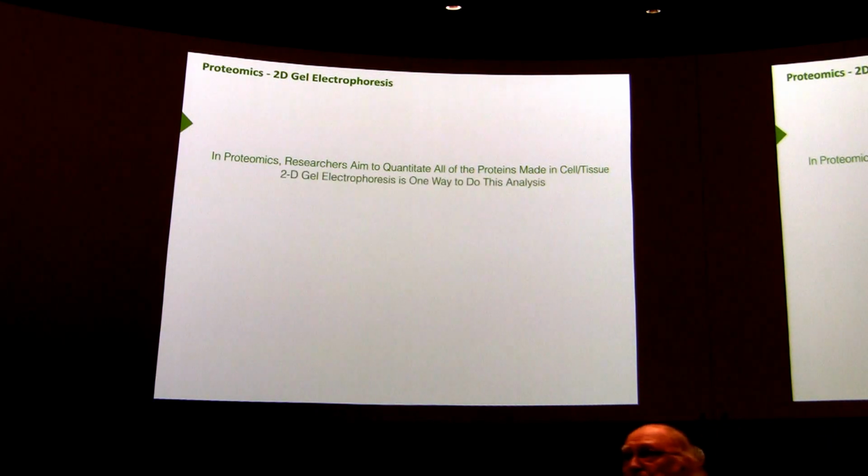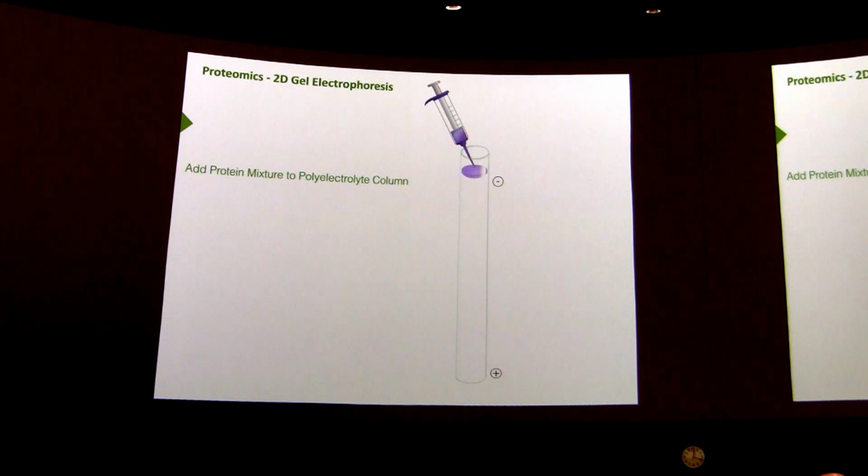Okay, so how does it work? We use a technique called 2D gel electrophoresis. Now, 2D suggests 2 dimensions, and in fact, that's correct. One dimension of this technique involves using the isoelectric focusing that I've described, and the other dimension involves SDS-PAGE. We combine the two to make a very powerful separation technique.